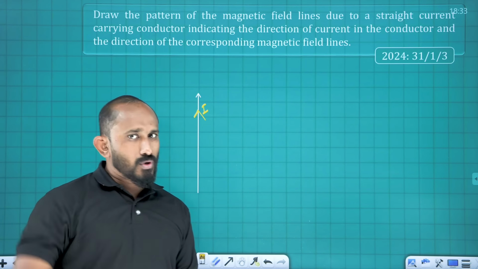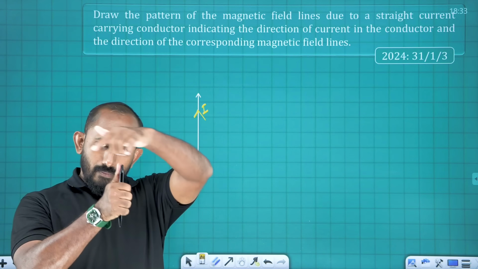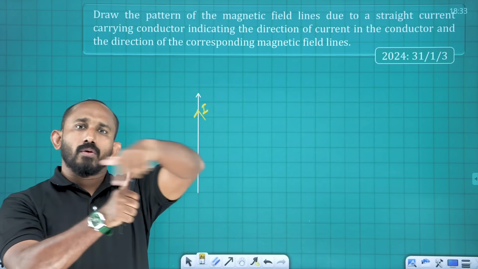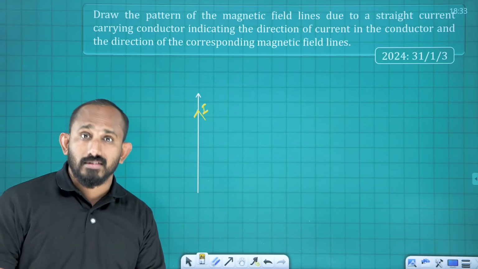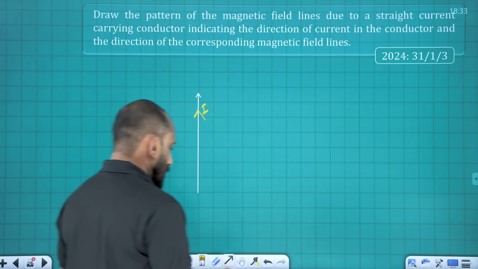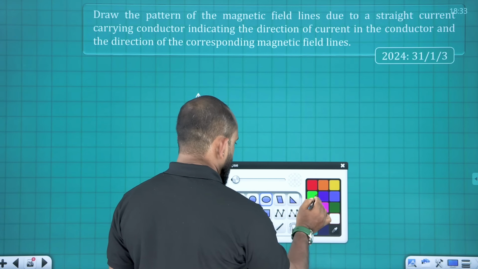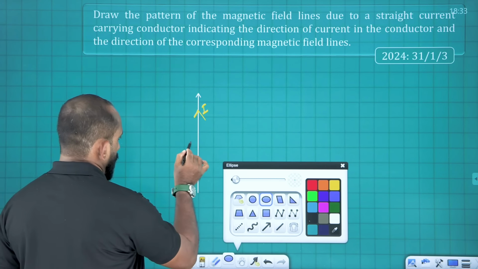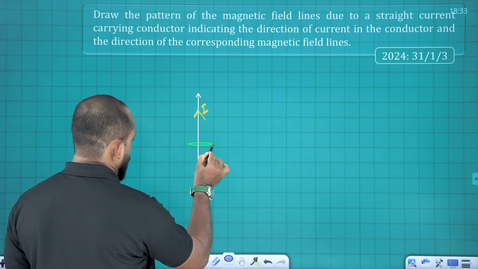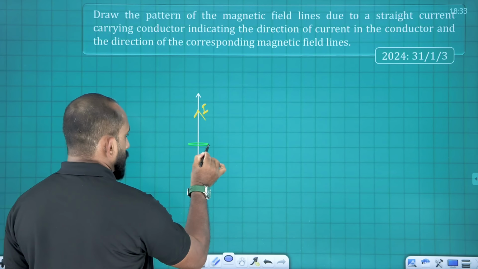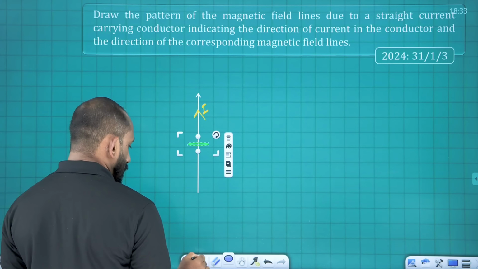Then the right hand thumb rule applies here, so we know the magnetic field lines move around it. So, you have to use concentric circles around it. If you draw circles, they should have the same center.